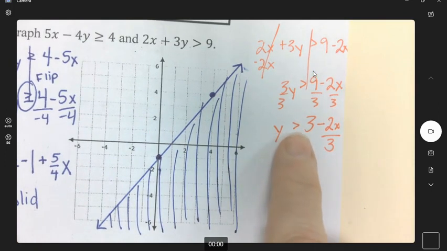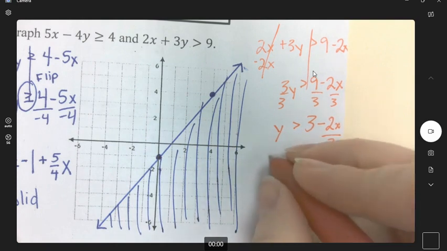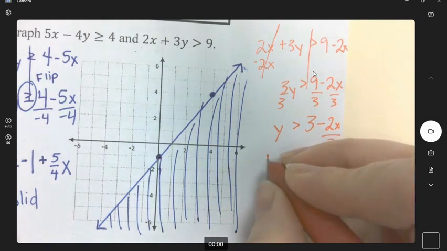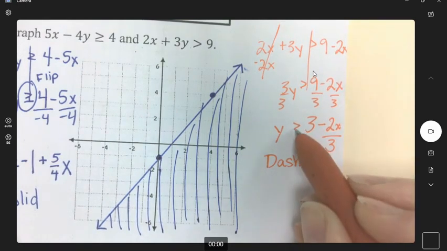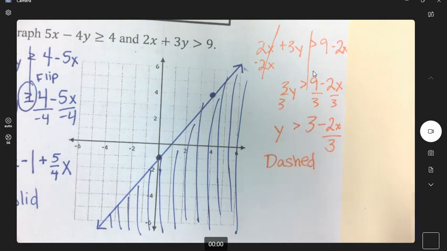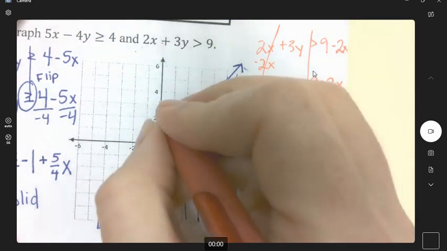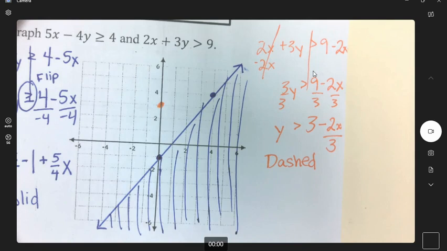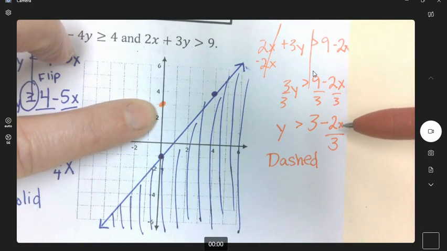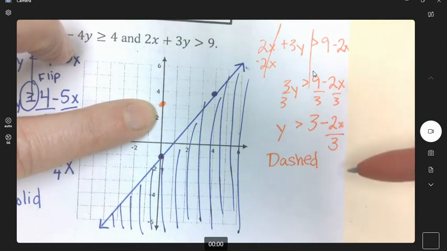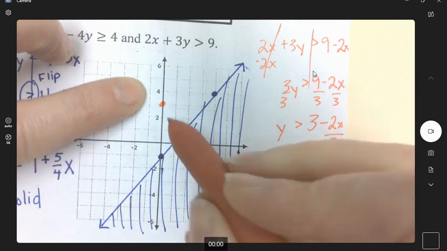Okay, what kind of line is this going to be? Dashed or solid? Dashed. And so we are going to start with the y-intercept. What's the y-intercept? On this equation, what is the y-intercept? 3. So go to your y-axis and put a dot on the 3. And then how are we going to do our slope? Rise over run. Down 2, right 3. Down 1, 2.